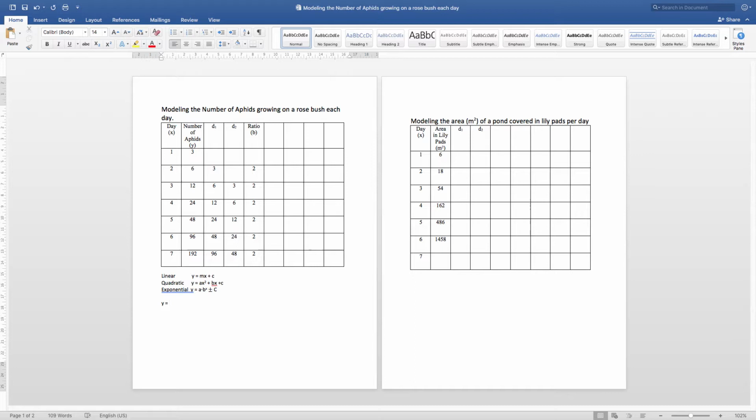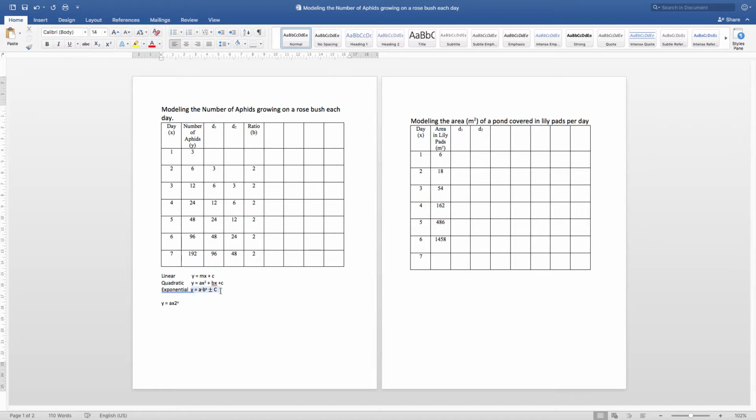So we have now, in this particular case, an equation that's going to be y equals some value a times 2 to the power of x, and there's going to be some constant c as well.